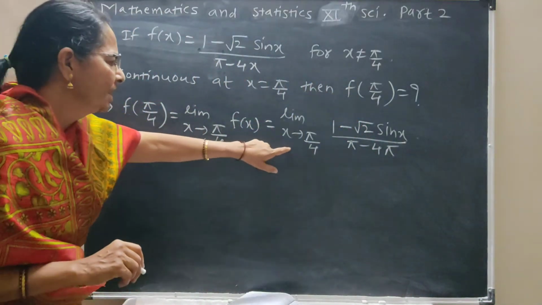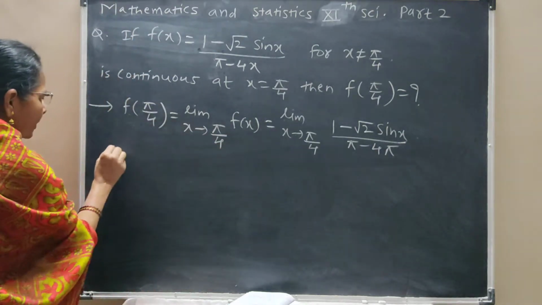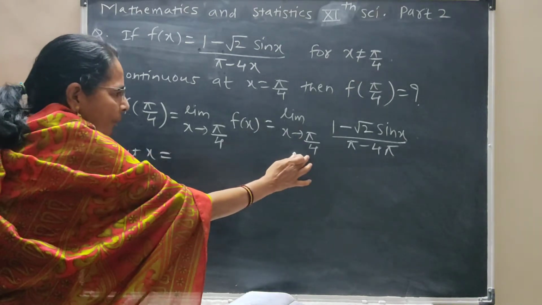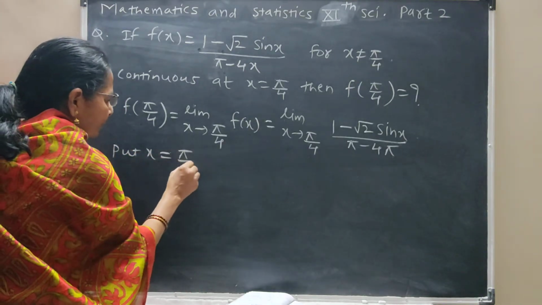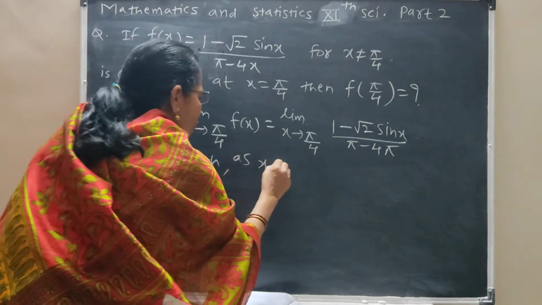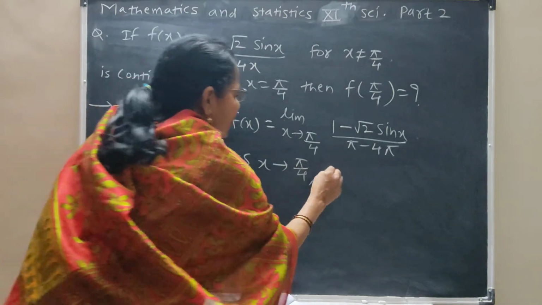Such types of limits can be solved by using the substitution method. In this method, put x equal to pi by 4 plus h. As x tends to pi by 4, h tends to 0.